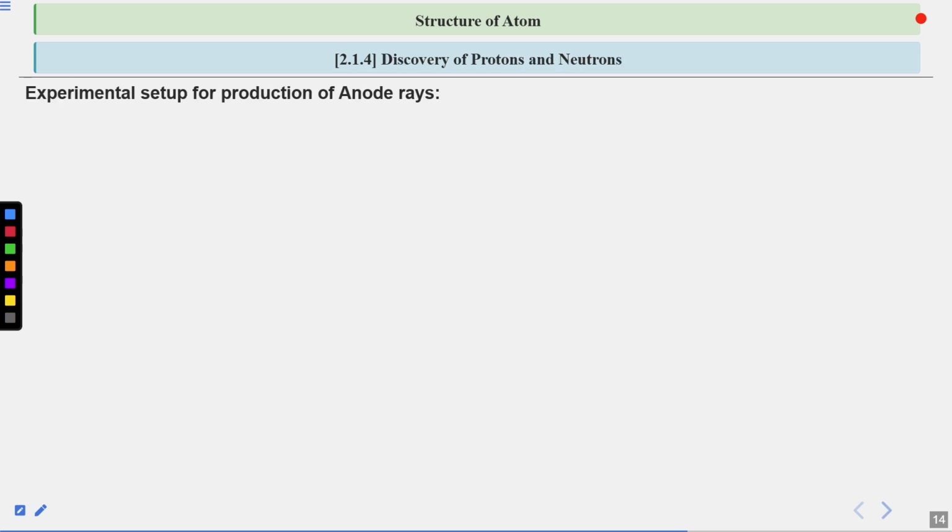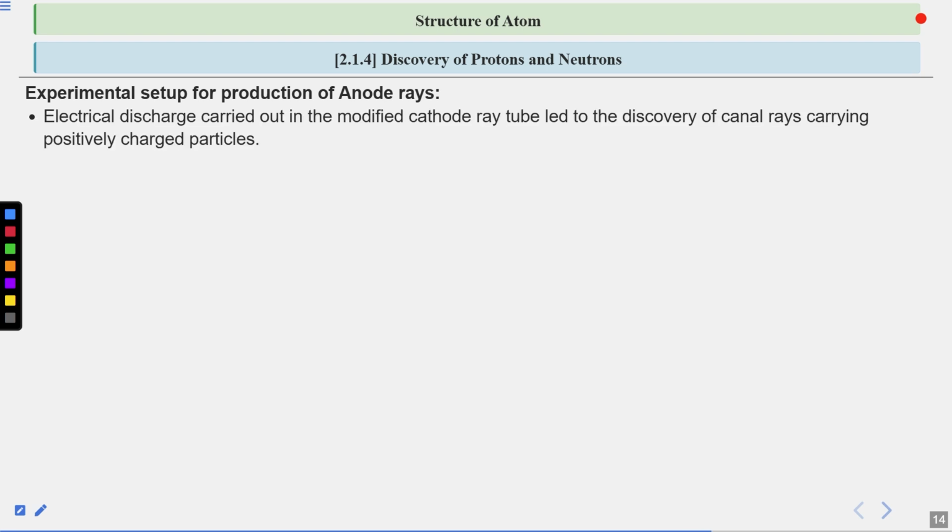Now, next thing, we will see the anode rays. Again, a modification of the cathode ray tube was done. We made a small change in that, and this modification led to the discovery of the canal rays.